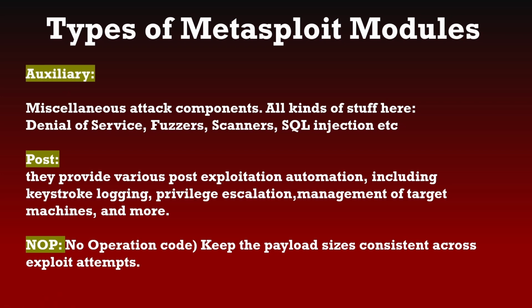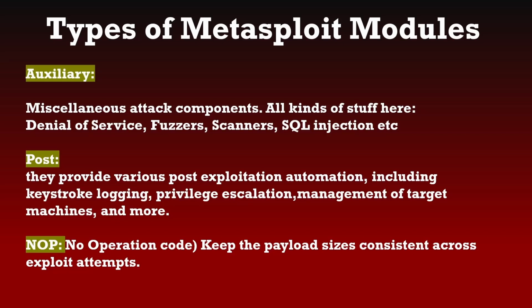Auxiliaries are miscellaneous attack components, all kinds of stuff here like denial of service, fuzzers, scanners, and SQL injection, etc. Next module is post. These modules are used after successful exploitation, typically when the Metasploit payload is running on a target. They provide various post-exploitation automation, including keystroke logging, privilege escalation, management of target machines, and more.